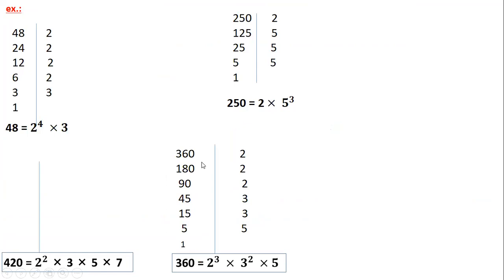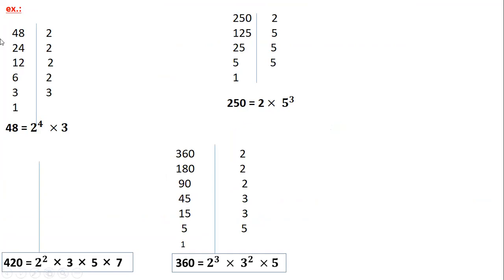As examples of prime factorizations, I want you to apply these examples alone on a draft. So you write 48 and draw a vertical line. You ask, can we divide 48 by 2? Yes, because the ones digit is even. You can use the calculator, it eases your work a lot.